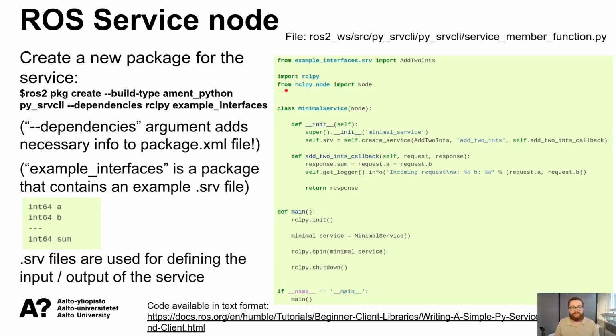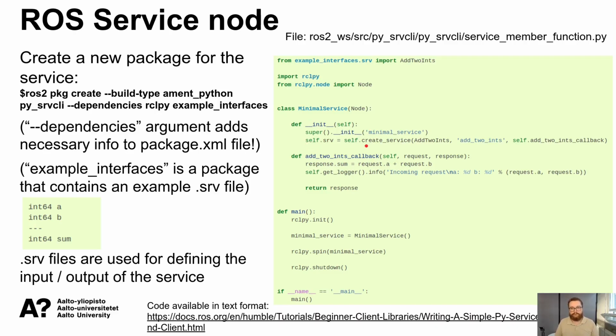And as you're already familiar with, we are importing the Python ROS functionalities and also the Node class. Similar to creating the node for publishing and subscribing, we are defining the class MinimalService, and it's inheriting the Node class. Again, similarly in the initialization, we are giving a name for the node, and we are then actually creating the service.